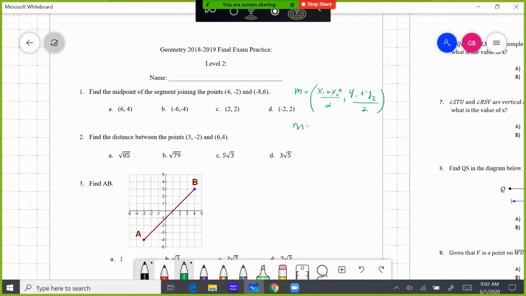So for this problem, 4 plus -8 divided by 2, and -2 plus 6 divided by 2, that's going to give us (-2, 2), letter D.